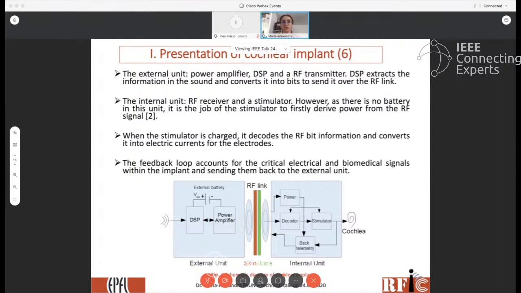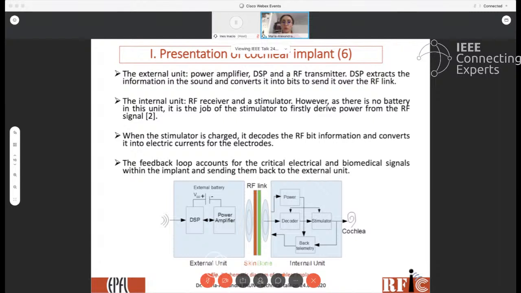In the internal unit, as there is no battery, it is the job of the stimulator to firstly derive power from the radio frequency signal. Once the stimulator is charged, it can then decode the RF bit information, and it then can convert it into electric currents for the electrodes.